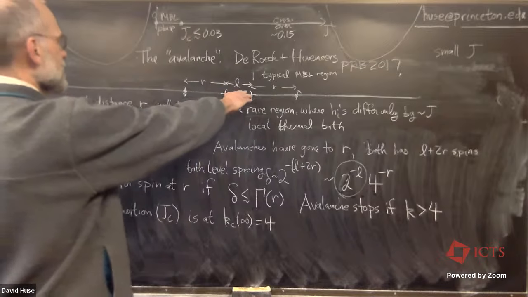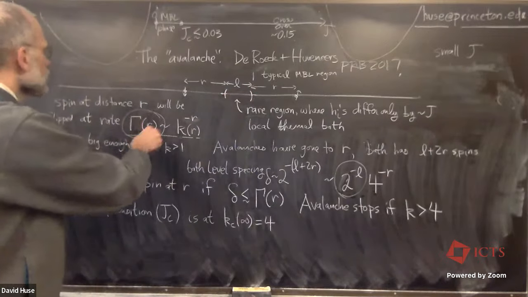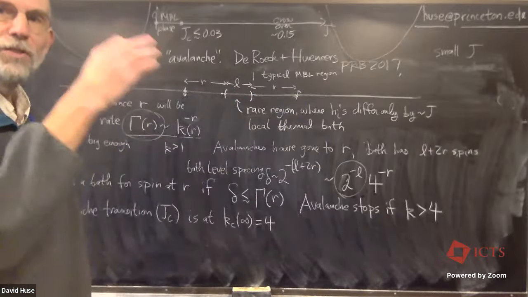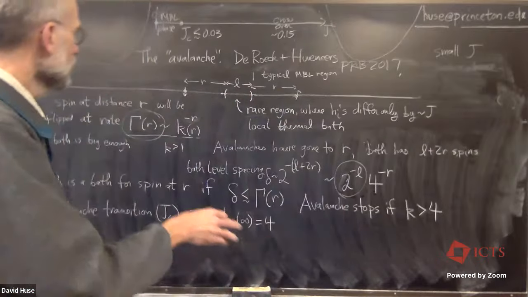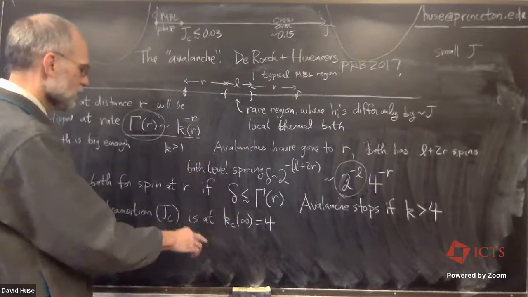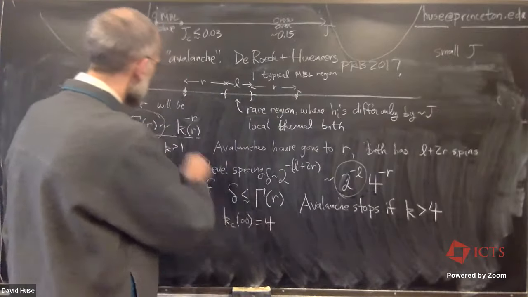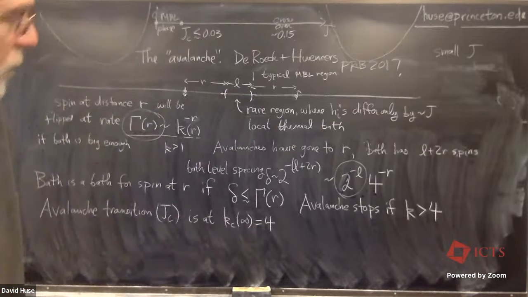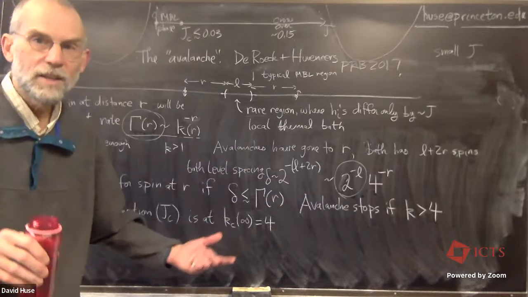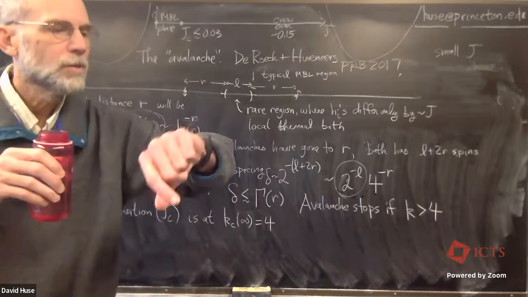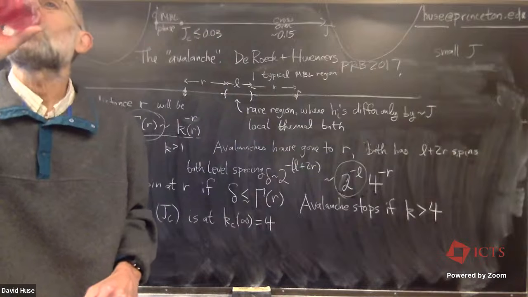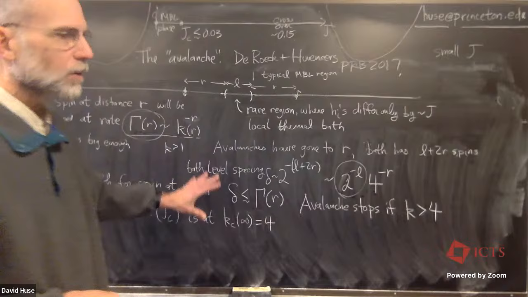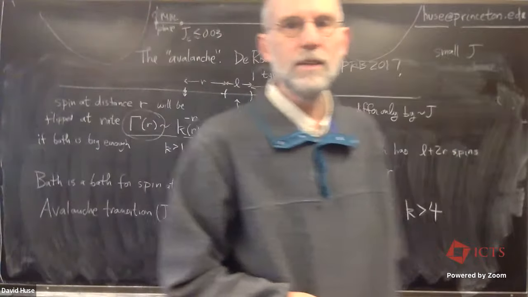So we just want to ask, for a spin at distance R from the bath, how fast does it relax? How does this fall off with distance? If this falls off faster at large distance than K equals 4, then we're in the NBL phase. If it falls off slower than 4, we're not in the NBL phase. The NBL phase is unstable. Okay, so that's the argument, and next I'll go to what we did numerically to try to do that.